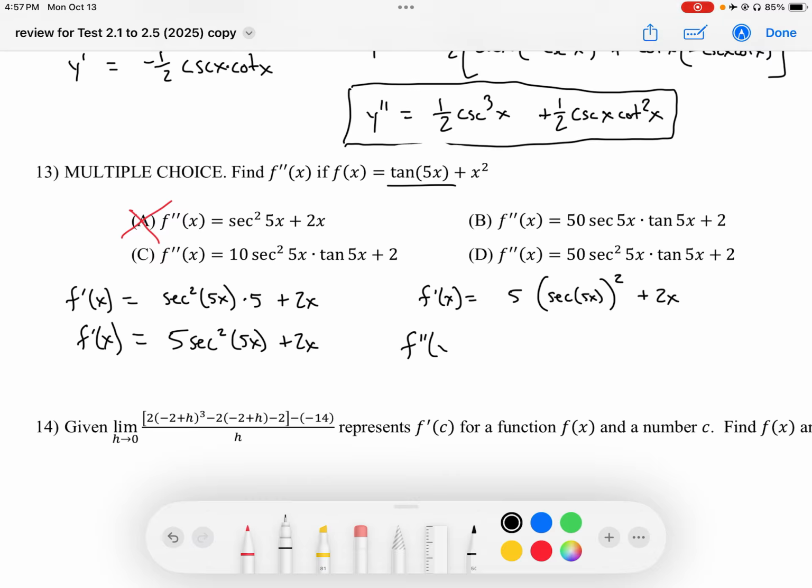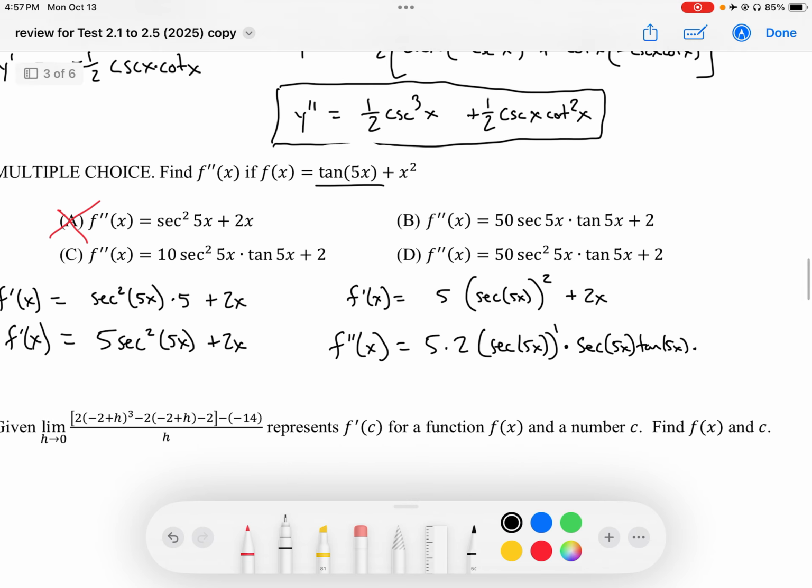So f double prime of x is now 5 times 2 times secant of 5x to the first power times the derivative of secant, which is secant of 5x times tangent of 5x. And then I have to multiply by the derivative of 5x, which is 5. So that's the derivative of this right here. Now I need to take the derivative of 2x, which is just 2, so plus 2.